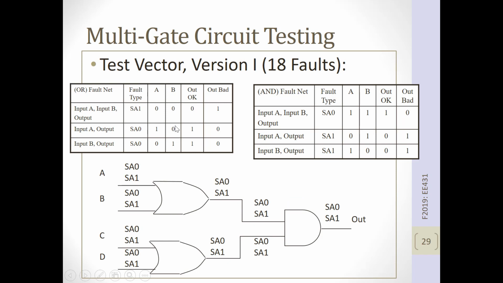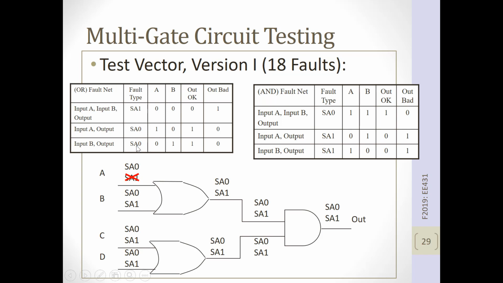If you remember, to completely test an OR gate, you can test for a stuck at 1 fault at A, B, or the output. No matter which one of these stuck at 1 faults you're testing, you give it the same input and look for the same output.